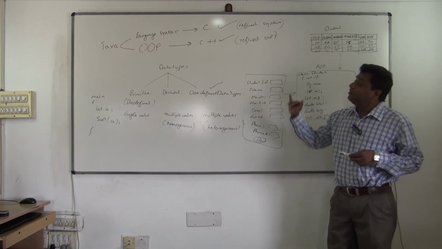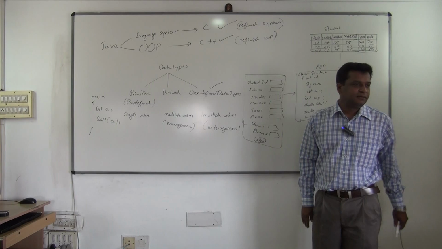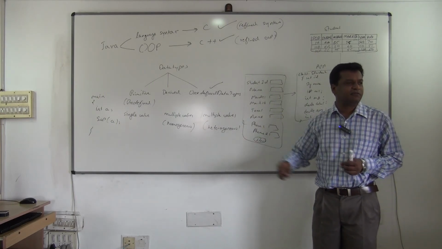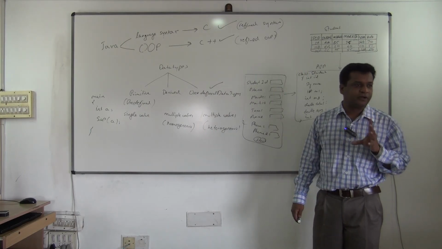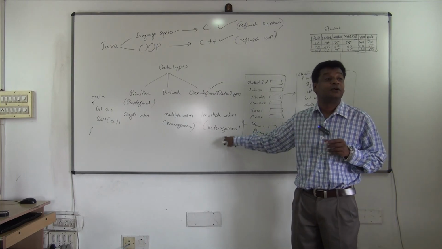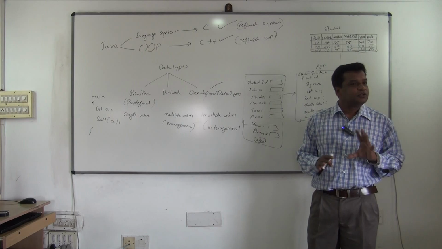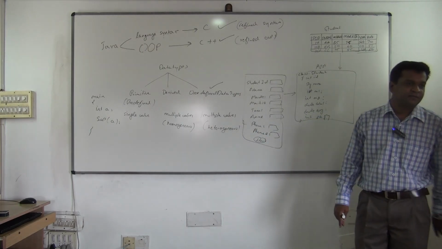On one side we have to learn OOPS, on the other side we have to learn data types also. Two things going parallelly now. To implement OOPS, Java says you can use these user-defined data types. Java's user-defined data types are so rich that they are able to store values, plus they have the capacity to implement OOPS also. So when you are studying user-defined data types in Java, you have to learn two things.